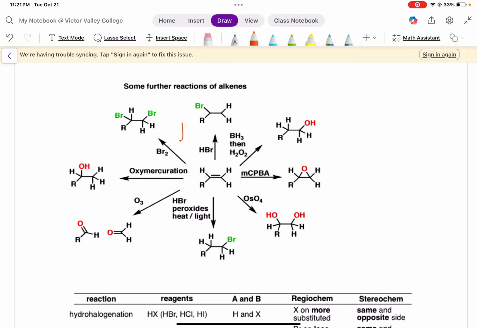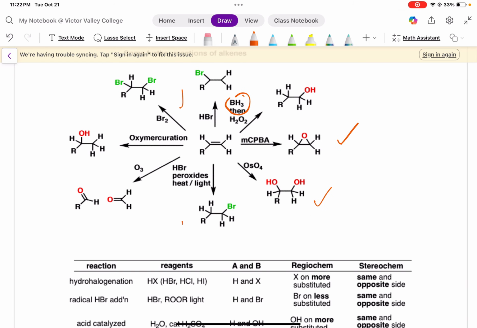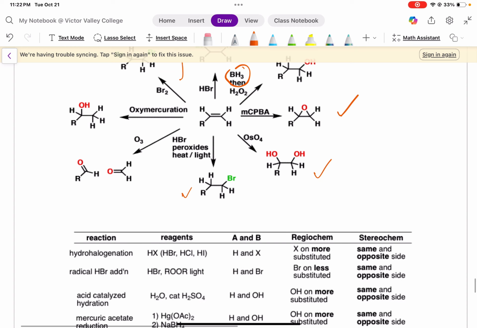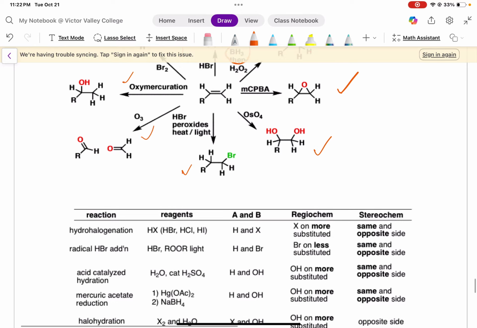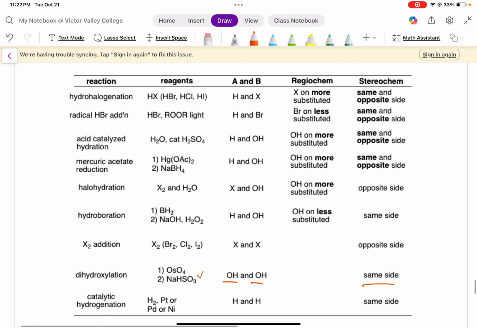We have the hydroboration again, mCPBA, dihydroxylations, bromination, HBr, ozone, oxymercuration. Those are repeats. This is a very good table summarizing all the reactions, like hydrohalogenation, HX, H and halogens.